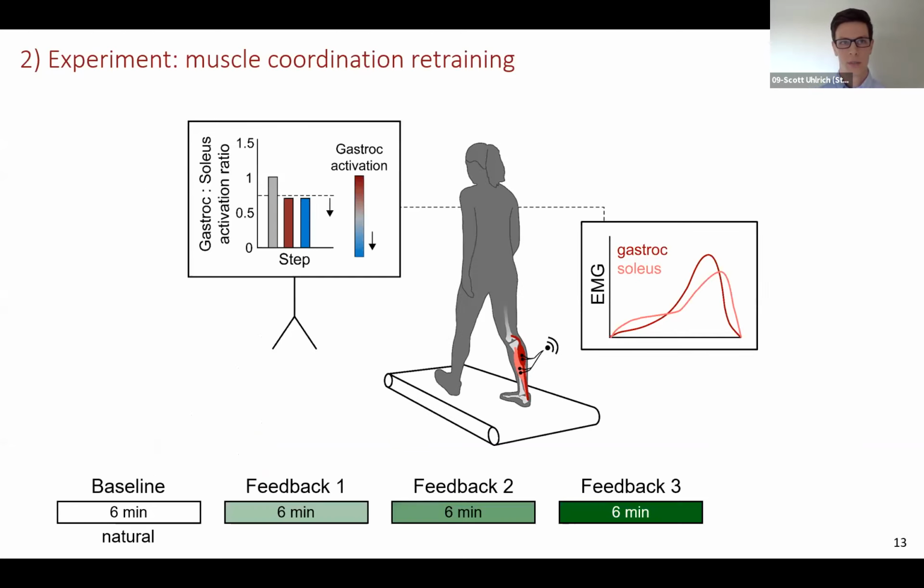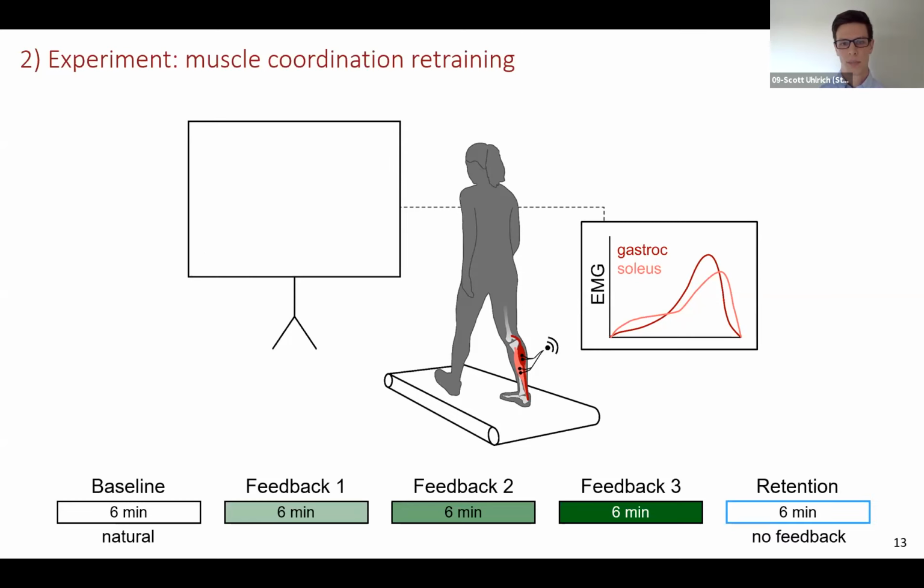We then provided them with 3 trials of visual biofeedback where their goal was to reduce their activation ratio, shown by the bar magnitude, as well as reduce their gastroc activation, shown by the bar color. So the goal was a small blue bar, which would indicate they reduced their ratio primarily by reducing gastroc activation. And finally, they performed a 6-minute retention trial to see if they could remember the new coordination pattern without feedback.